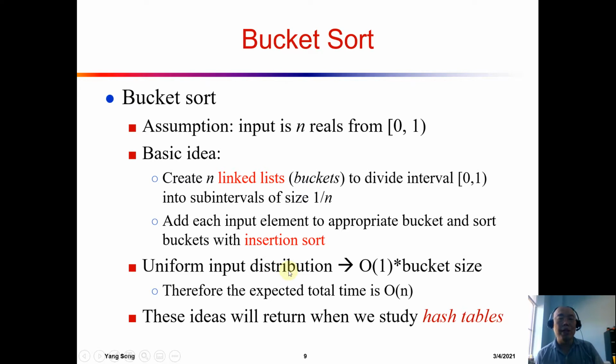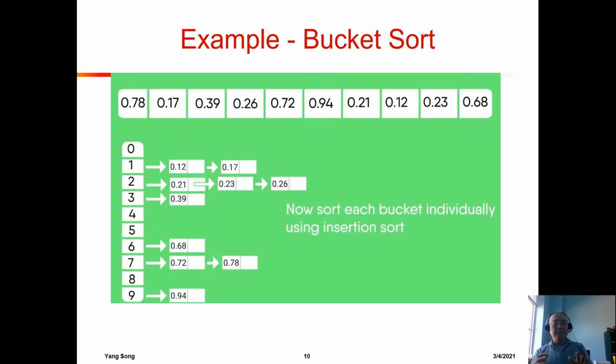And in reality, probably we don't know the distribution of those values before we sort them, right? So in this case, if we just create a range from 0 to 1, and we find that all the values are squeezed into one single bucket, that is not the best case for the bucket sort anyhow.